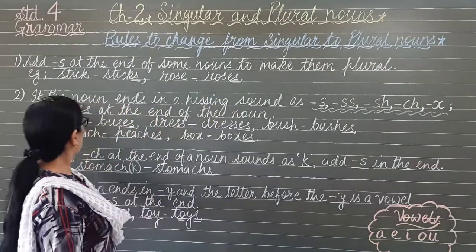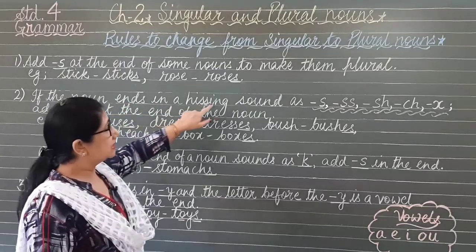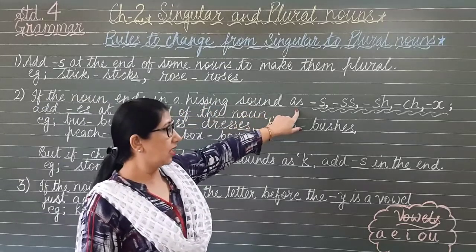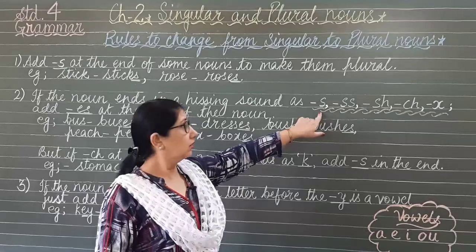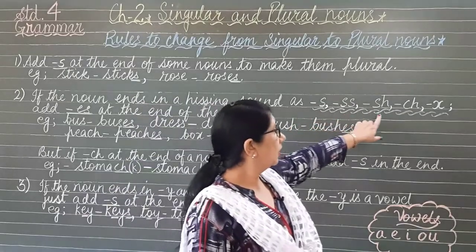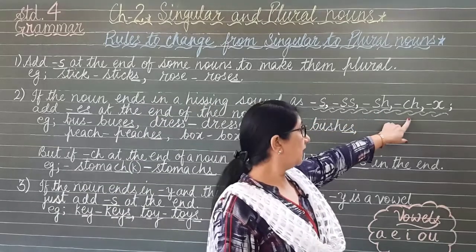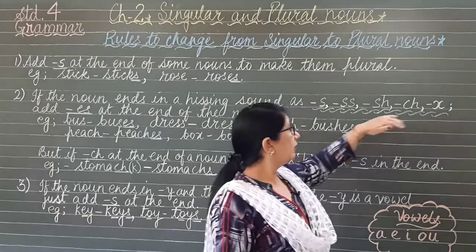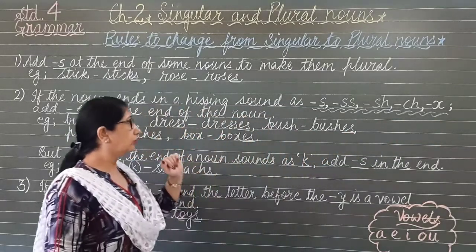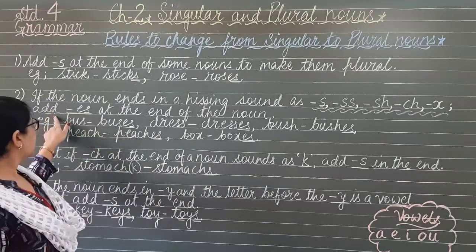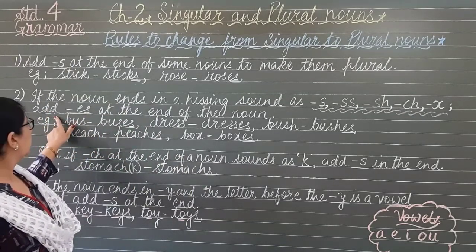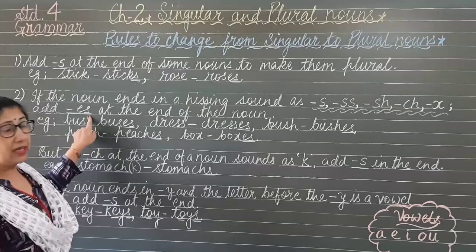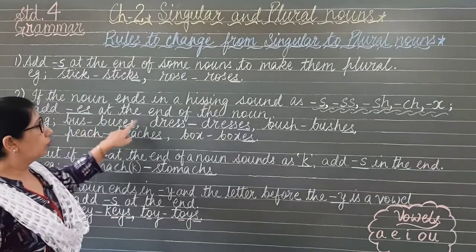The second rule is, if the noun ends in a hissing sound such as s, double s, sh, ch and x. Okay, they all give a hissing sound at the end of the word. These words can be converted from singular to plural by adding es at the end of the word.